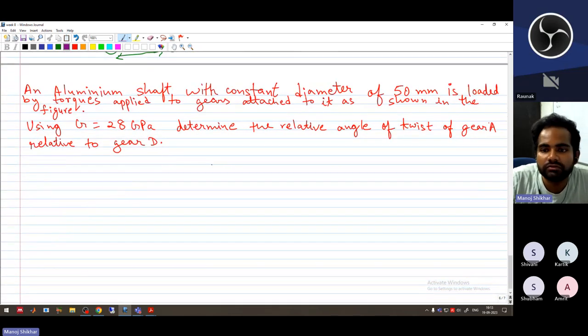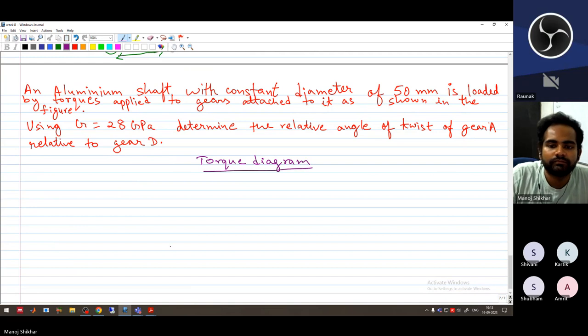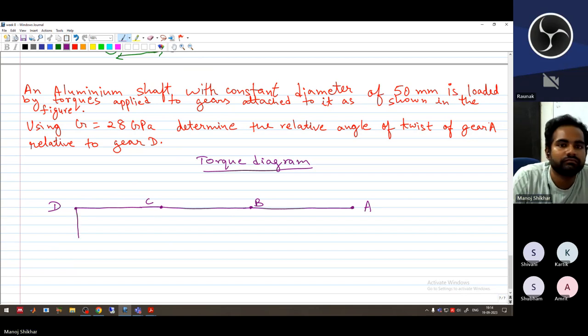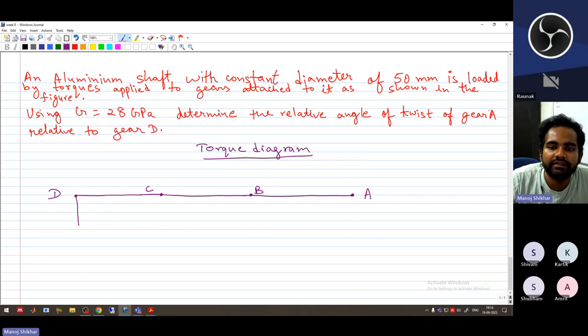Okay. So torque diagram. First I will mark all the points here. The points are basically D, C, B, and A. Okay. So between D and C, we have minus 800 newton meter.